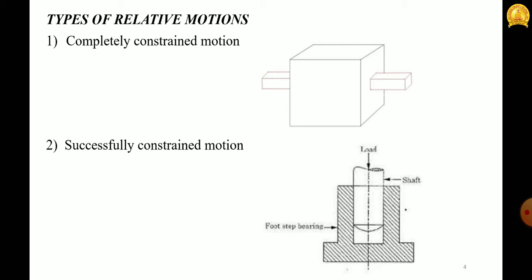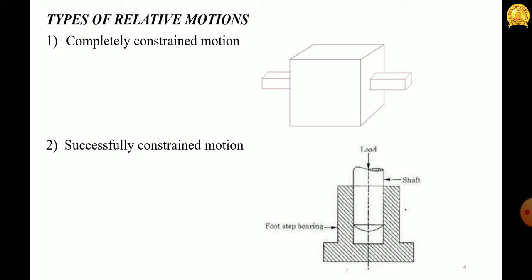For example, the piston and cylinder in a steam engine form a pair and the motion of the piston is limited to a definite direction relative to the cylinder irrespective of the direction of motion of the crank.